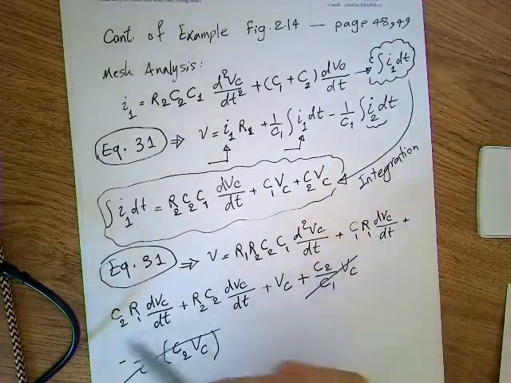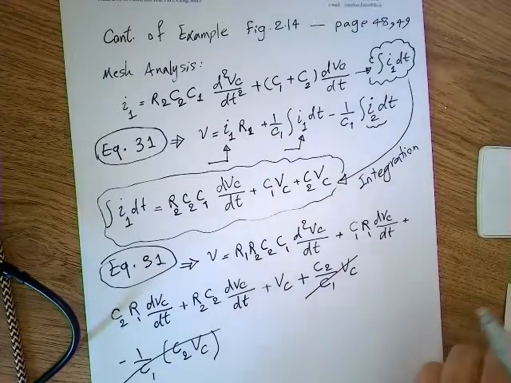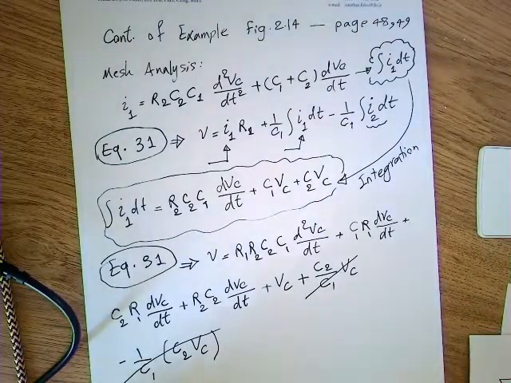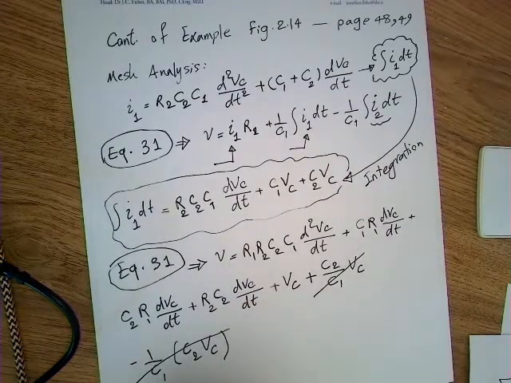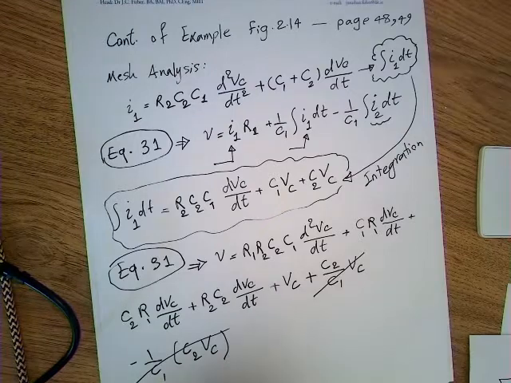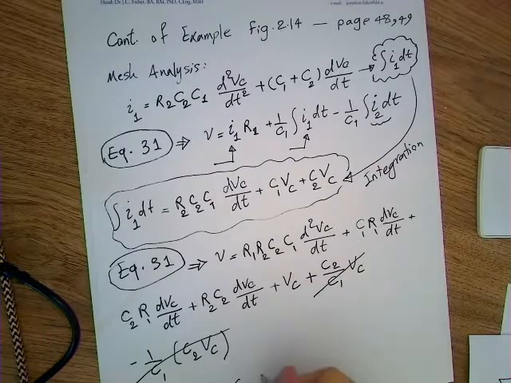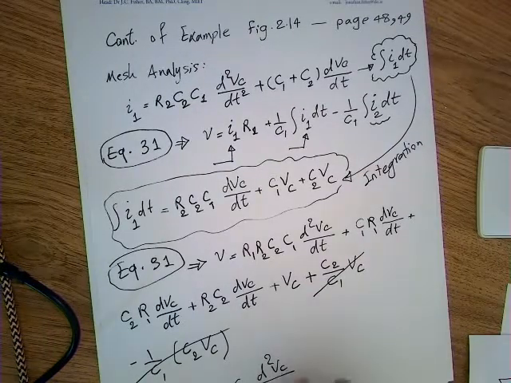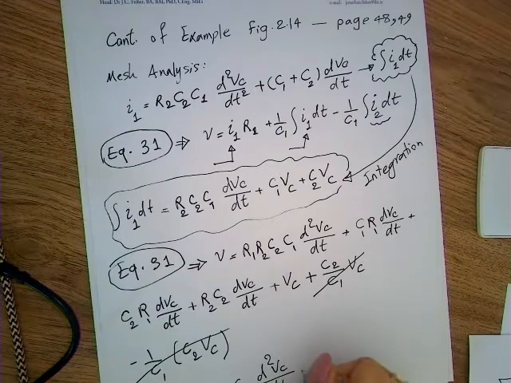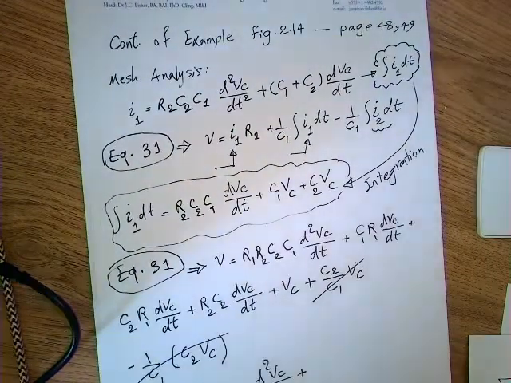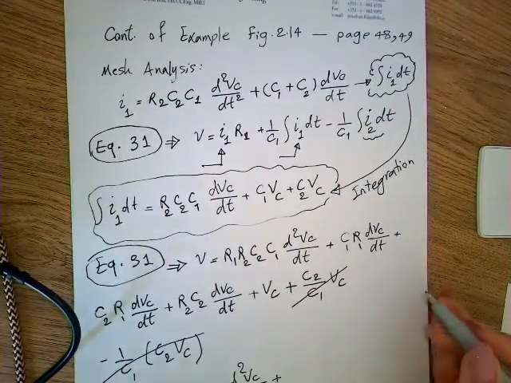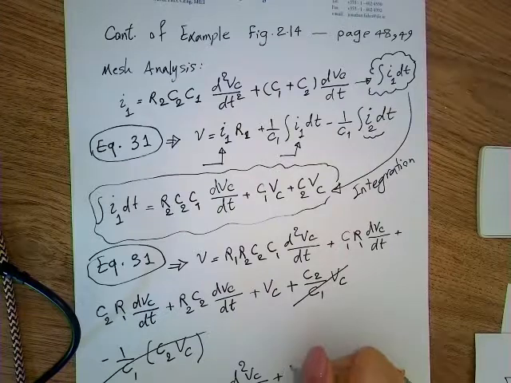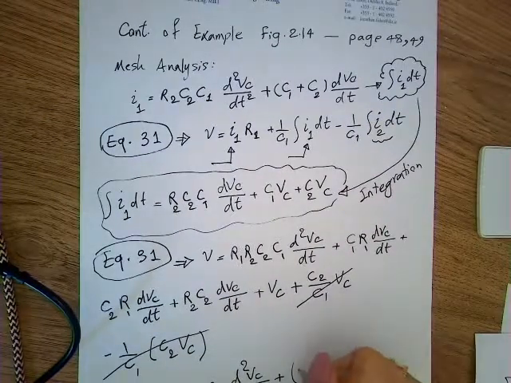For the rest, I'm going to rewrite it and clean it up a little bit. So I have my V on the left side, and then I have my R1, R2, C1, C2, second derivative of Vc over time, and then I want to factor out the first derivative. What do I have here?